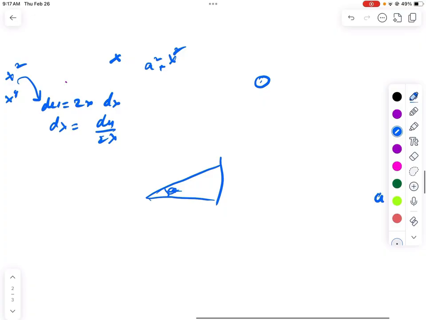Square root of 2 will be the adjacent side, and then you can find this side. It will be u squared plus the square of square root of 2, which means the hypotenuse is square root of 2 plus u squared. Okay, so this will come in handy later.